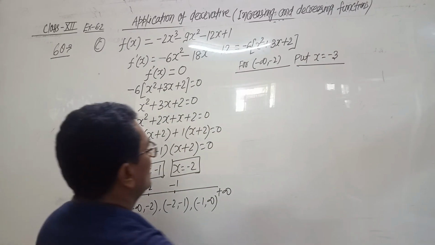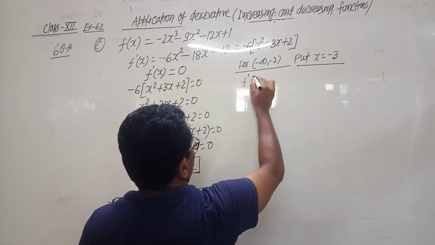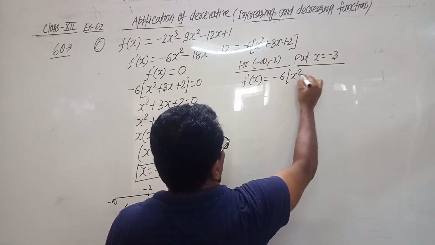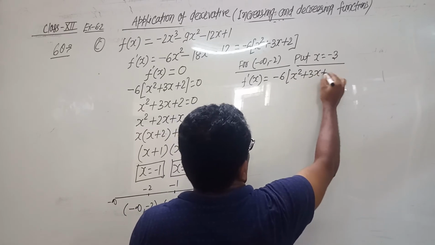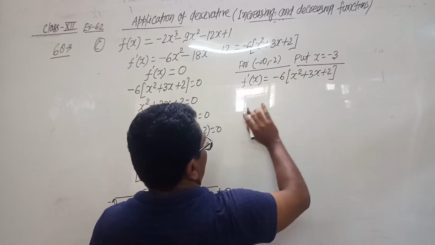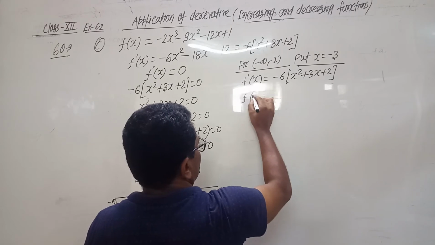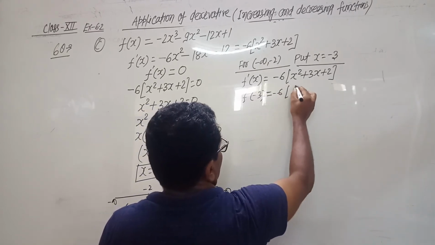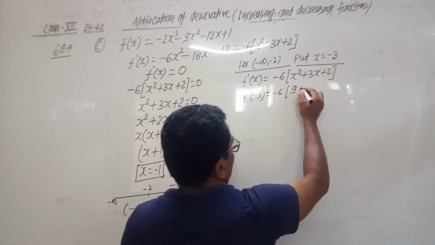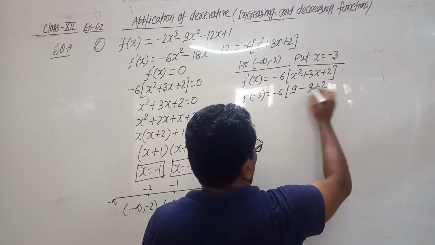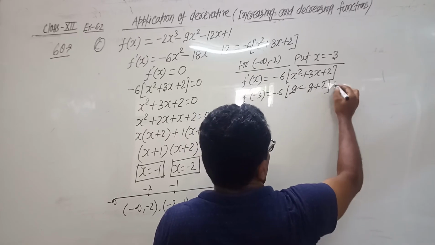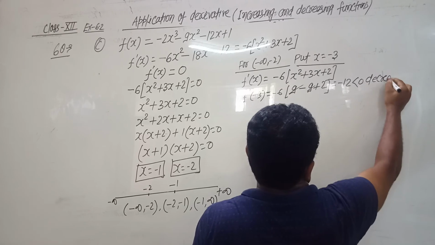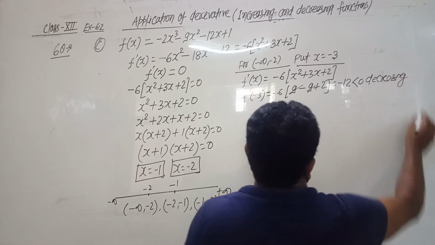So f dash x is minus 6 into x square plus 3x plus 2, and put x equals to minus 3. So f dash minus 3 is minus 6 times, minus 3 squared is 9, plus minus 9, and plus 2, and the result comes to be minus 12, which is less than 0. It means in this interval the function is decreasing.